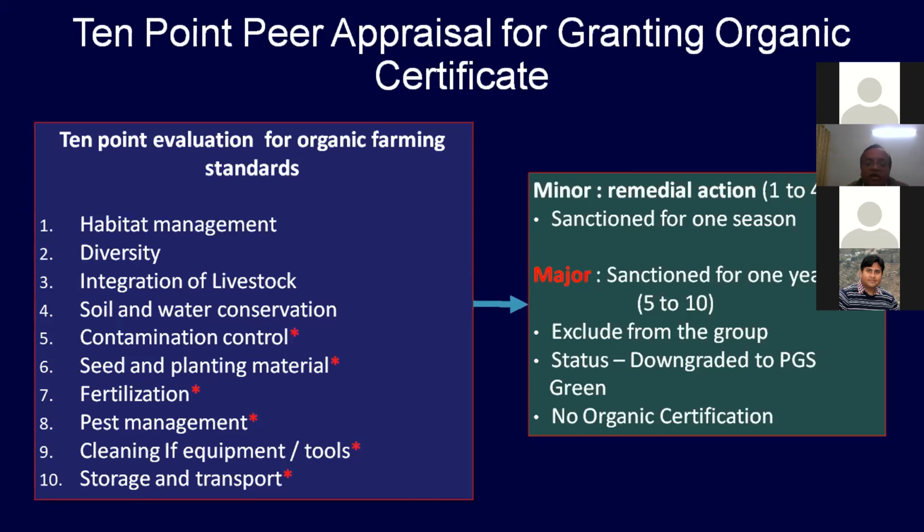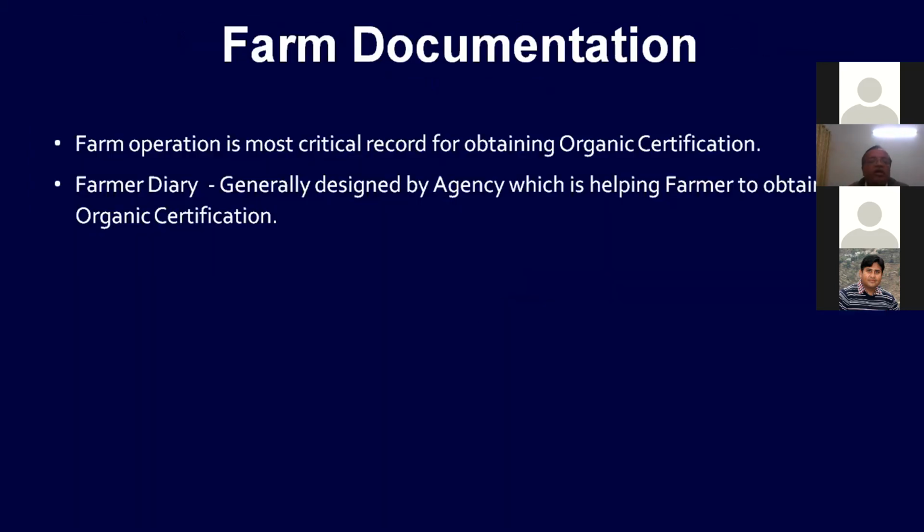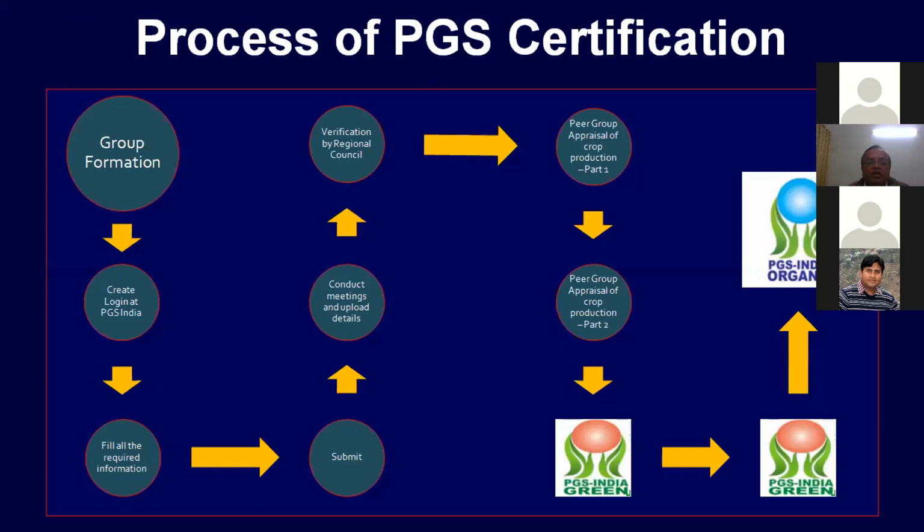If these 10 conditions are met, the crop can be given organic certification, based on their duration. That is, in the initial first year they will be given PGS Green 1 and PGS Green 2. In the second year and third year it can be given PGS Organic, the PGS India Organic certificate.